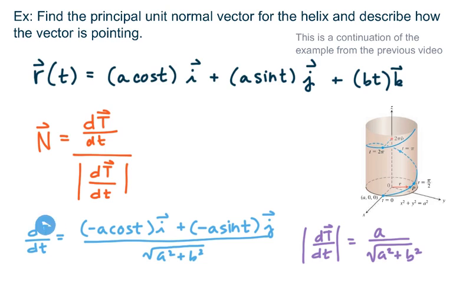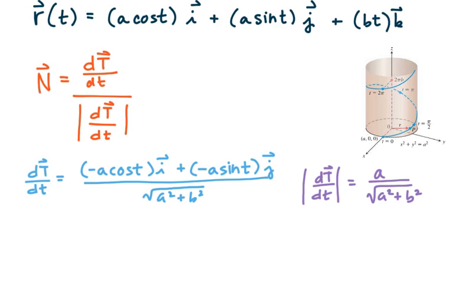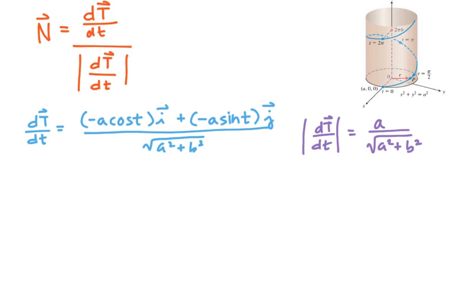So I've brought in here the derivative of the unit tangent vector as well as its magnitude that we calculated in the previous video. I'm not going to go through the calculation of those again. But if we want to find our principal unit normal vector, that's going to be this, the derivative of the unit tangent vector divided by its magnitude.